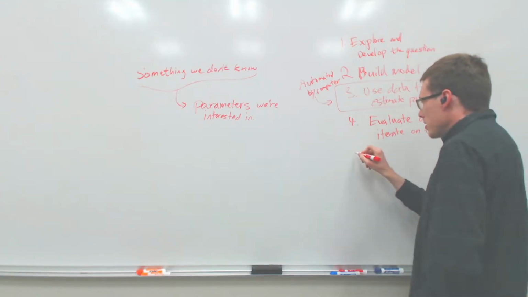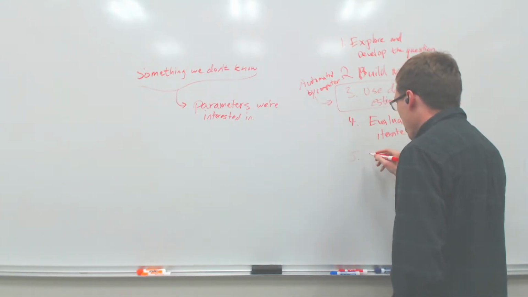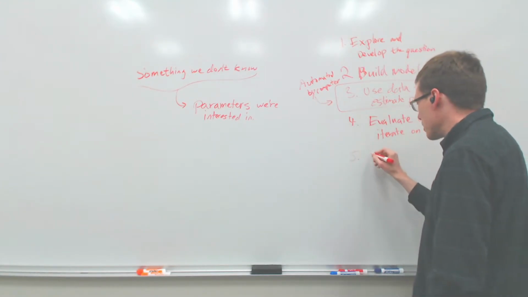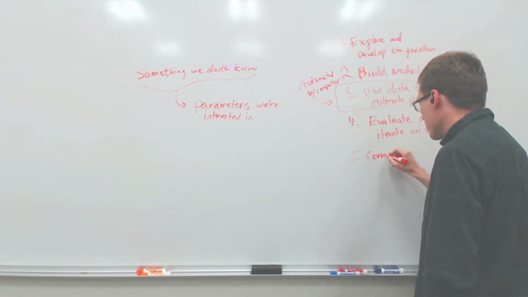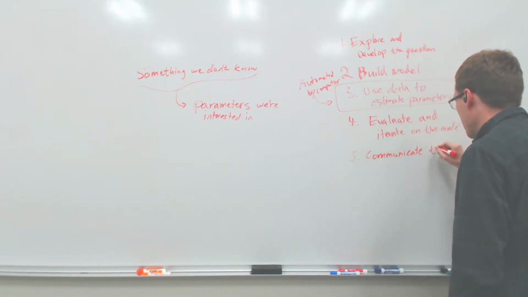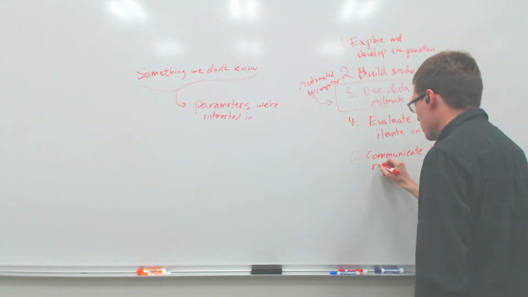And then finally, the last step, and of course there's probably more steps I'm leaving out, but these are just general ideas here, is you need to be able to communicate the results and implications.